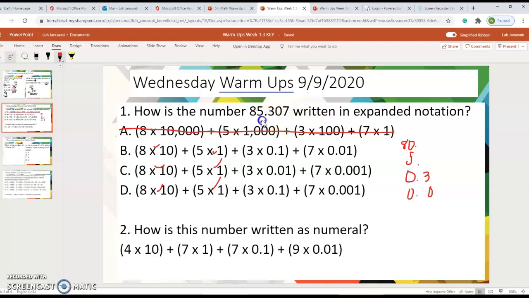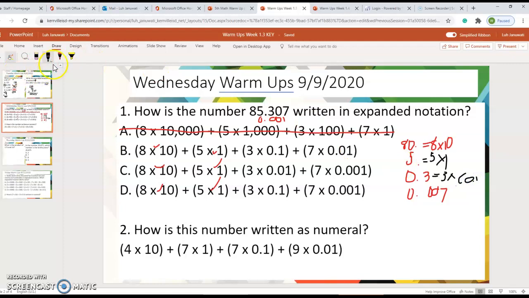The 7 is 0.001, right? 0.007. So this is 8 times 10. 5 times 1. And the 3 is in what place value? In the tenths. So you say 0 times 0.1.